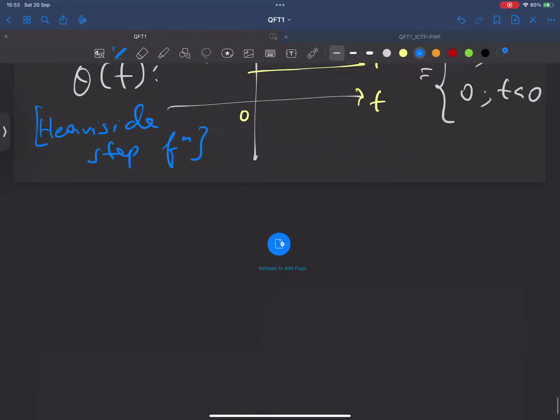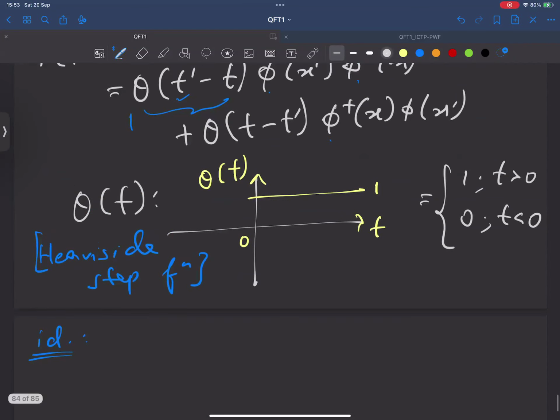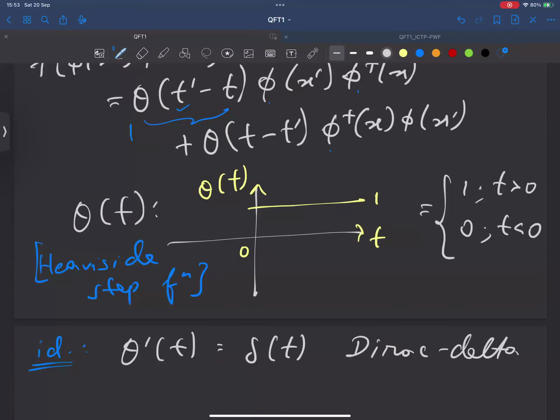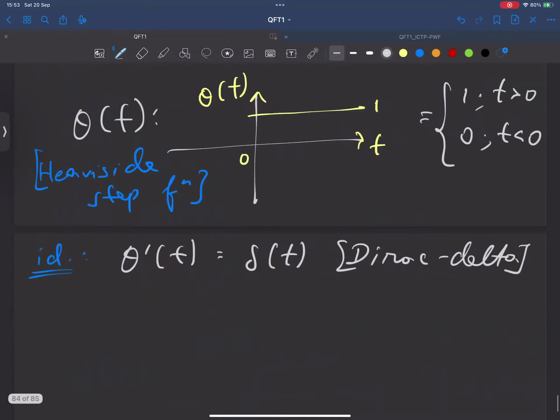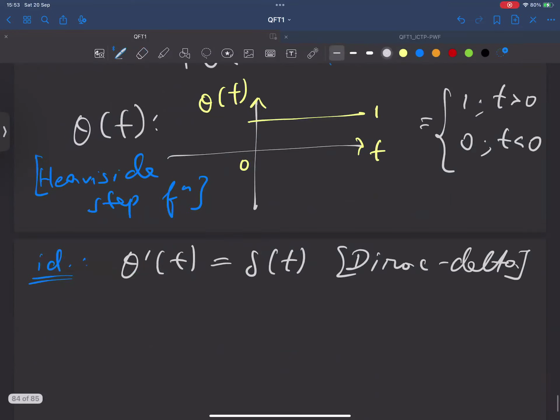There is an interesting identity again, which if you know, you know, and if you don't know, it will be in the appendix: the derivative of the theta function is the delta function. This is an identity that you will be needing to perform many computations.